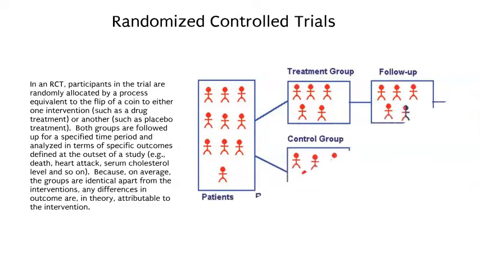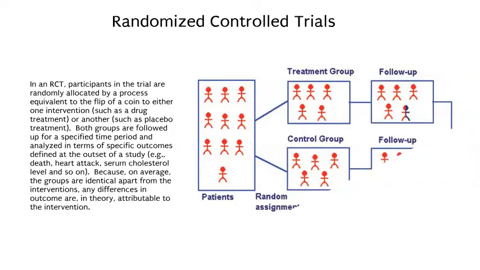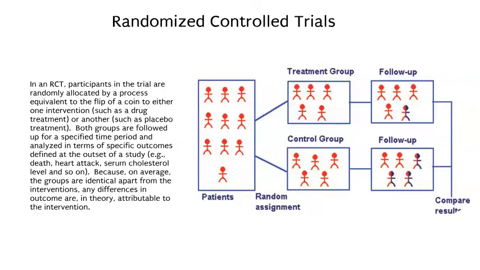Both groups are followed up for a specified time period and analyzed in terms of specific outcomes defined at the outset of the study, for example, death, heart attack, serum cholesterol level, and so on. Because, on average, the groups are identical apart from interventions, any differences in outcome are, in theory, attributable to the intervention.